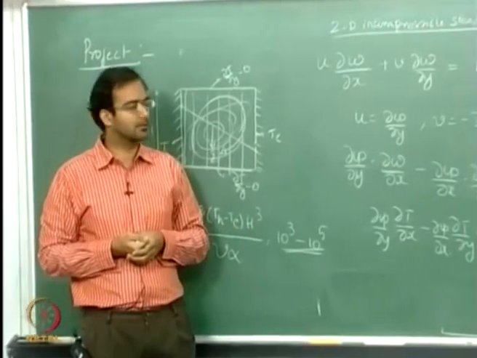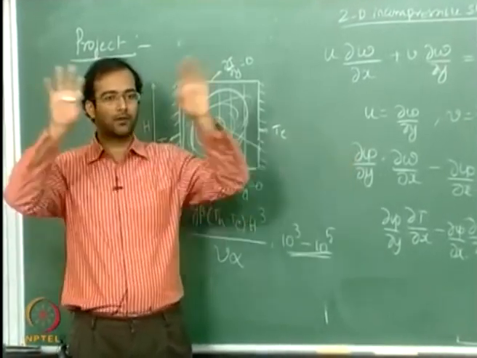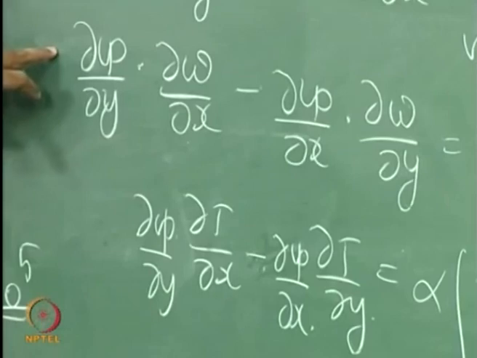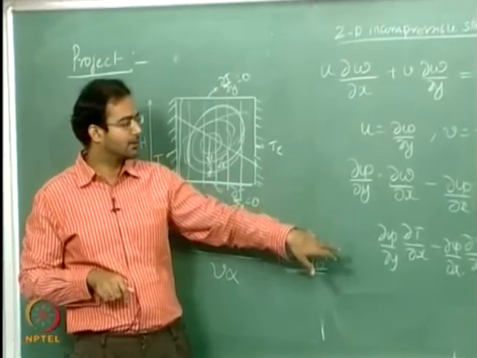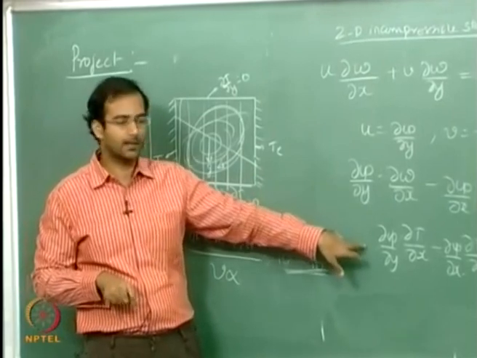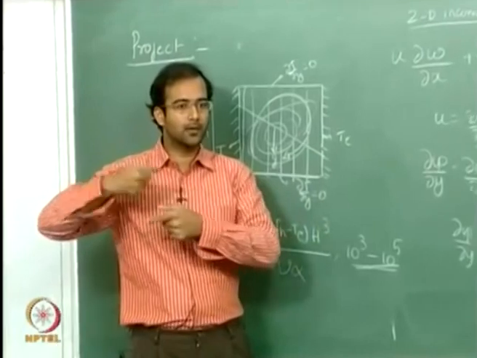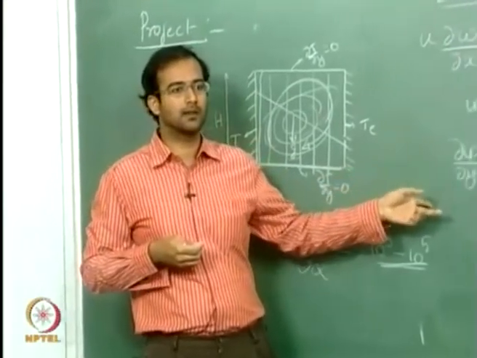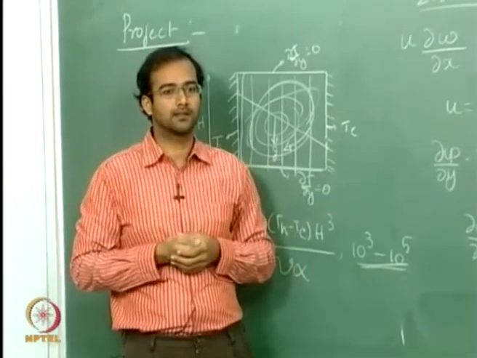You also guess the field for temperature and use this equation to solve for the vorticity. Once you have the vorticity field and your stream function field, then directly your temperature field also can be solved. So like this you keep solving, take the latest values, use them in the next iteration, and so on till the difference between 2 consecutive iterations is very small.